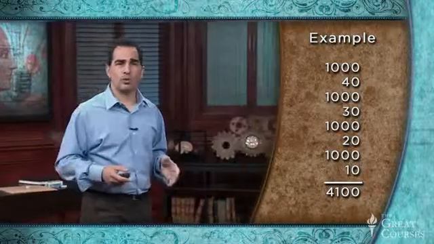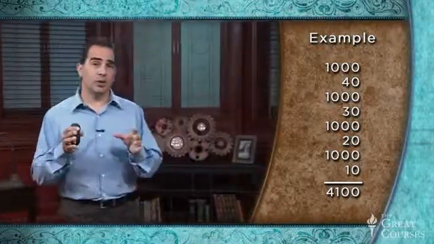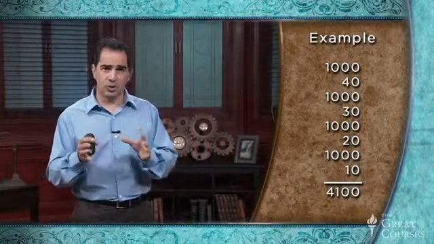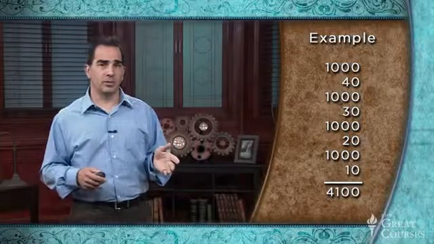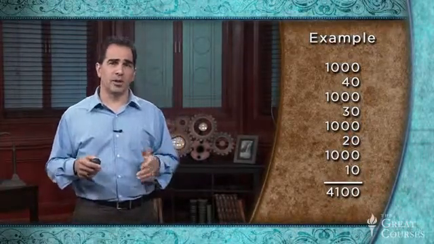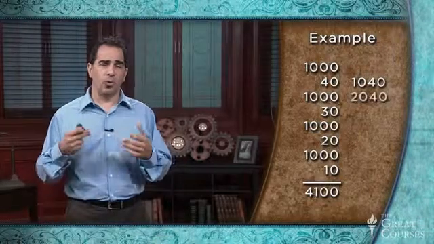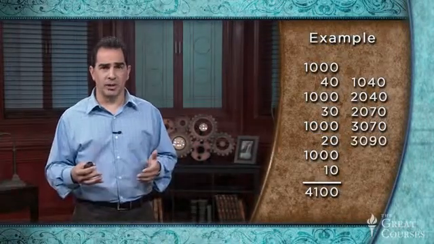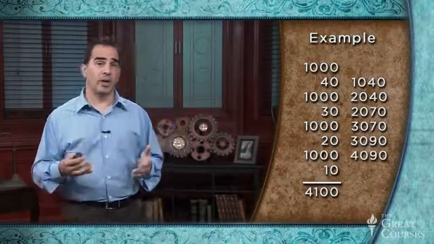Because of this order, your mind is focused on two-digit places, because these are the numbers that are changing, thousands and tens. The pattern of the sums after the first number 1,000 is 1,040, 2,040, 2,070, 3,070, 3,090, and then 4,090.